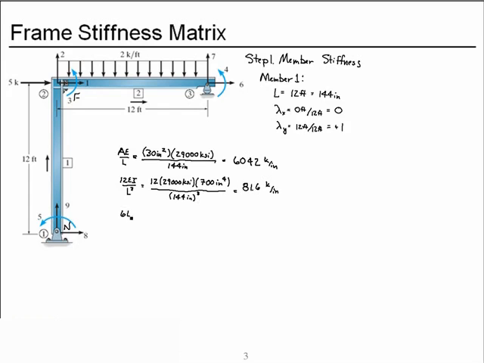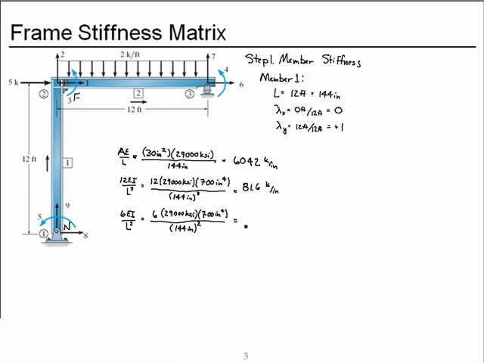Now 6EI over L squared. We have the modulus of elasticity of steel, moment of inertia for the members, and our length, 144 inches squared.